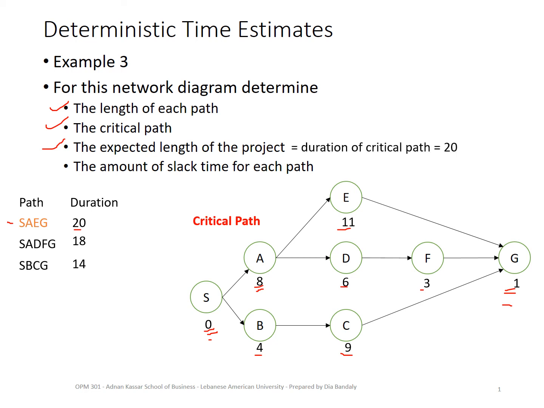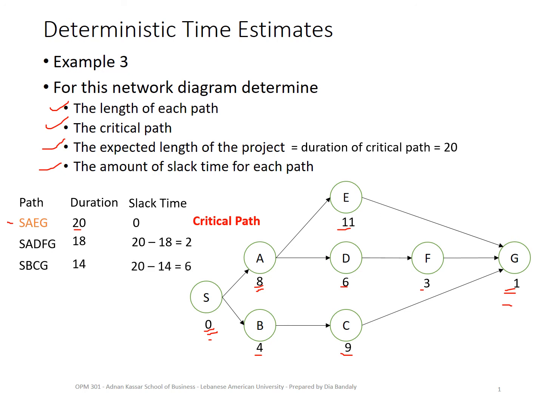The amount of slack time for every path. From the previous slide, we defined the slack of a path to be equal to the critical path duration minus the duration of that path. So let's find the slack time. Of course, for the critical path, it's 0 because it is the critical path after all. Then the second one, it's 20 minus 18, so 2 weeks.